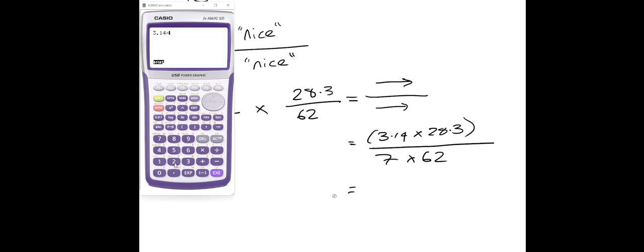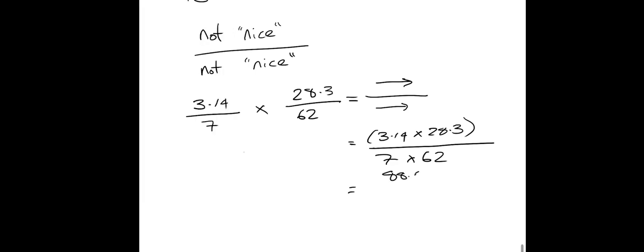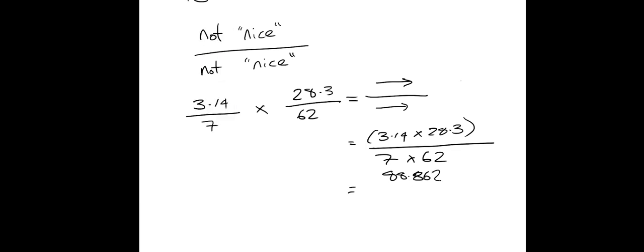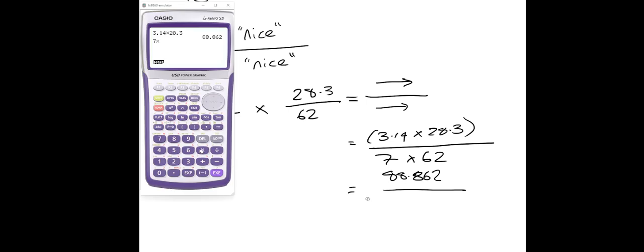3.14 times 28.3 is apparently 88.862, over 7 times 62, and I have no idea what that one is either. 434.